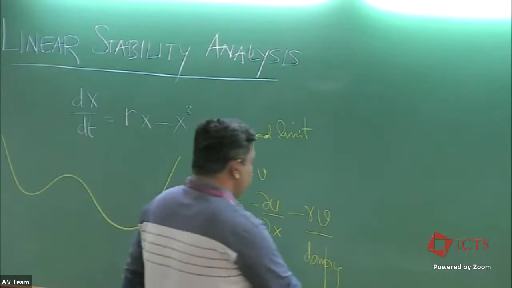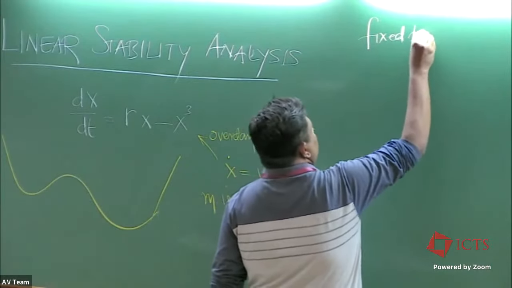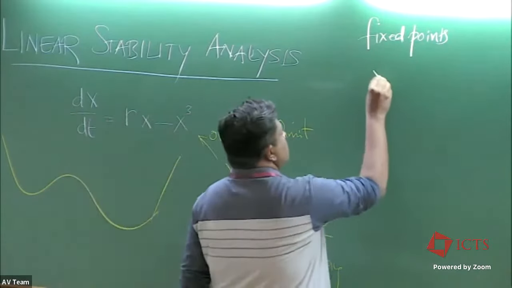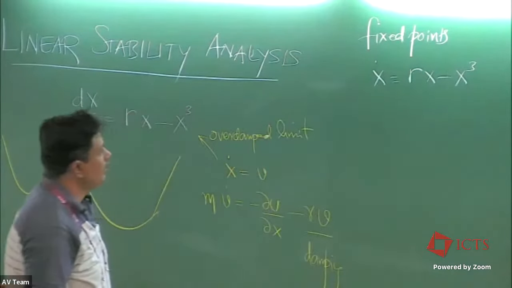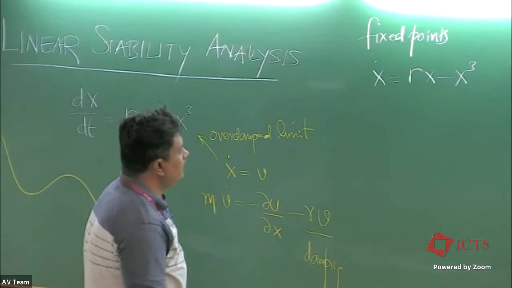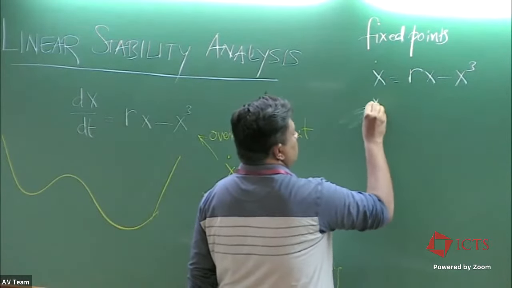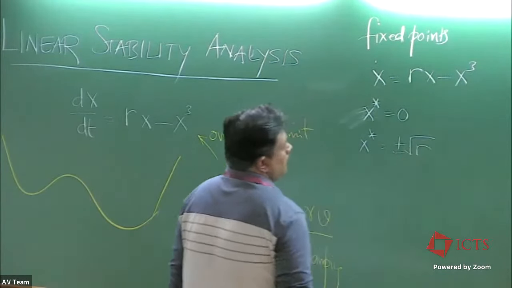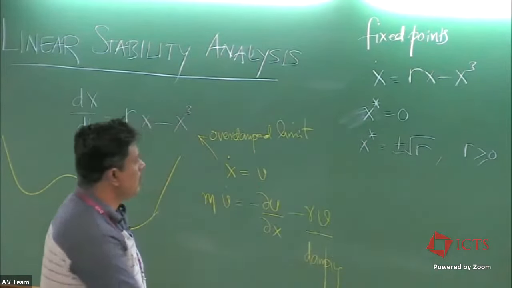Yesterday we found the fixed points. We did it for the x dot equal to r times x minus x cubed system, the overdamped limit. By the way, I'll interchange dx dt and x dot to mean the time derivative. We classified the fixed points as 0 and plus minus root r, where the plus minus root r only exist for r non-negative, while 0 always exists.